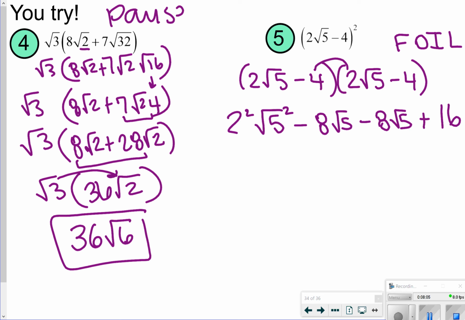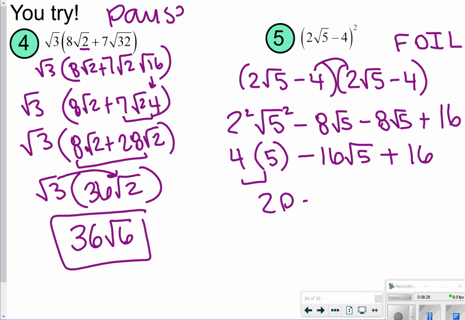Now I'm going to go ahead and simplify anything. So 2 squared is 4. The square root of 5 squared is 25. The square root of 25 is 5. So it'll be 4 times 5. And then this negative 8 square root of 5 minus 8 square root of 5, that's negative 16 square root of 5. And then plus 16. I'm going to go ahead and multiply 4 times 5, which is 20.